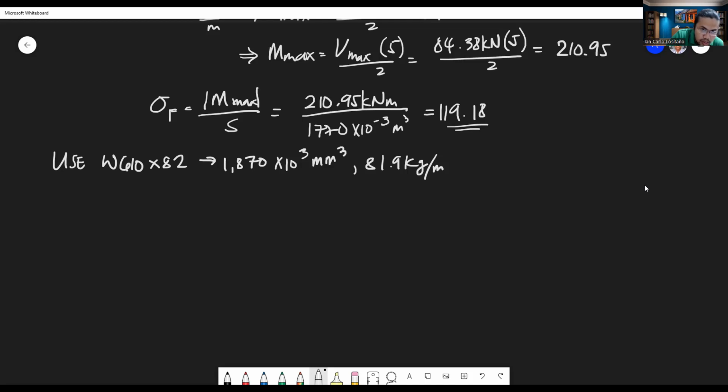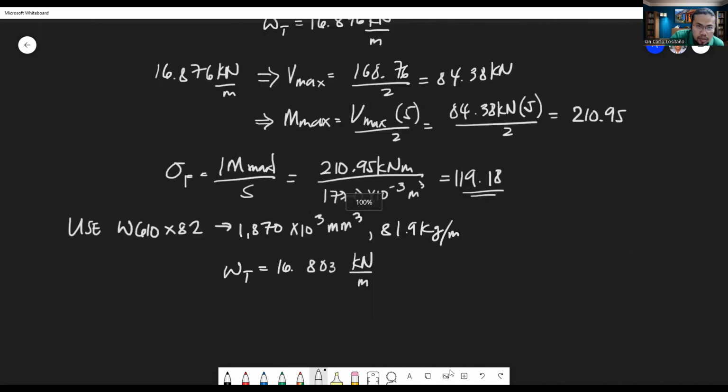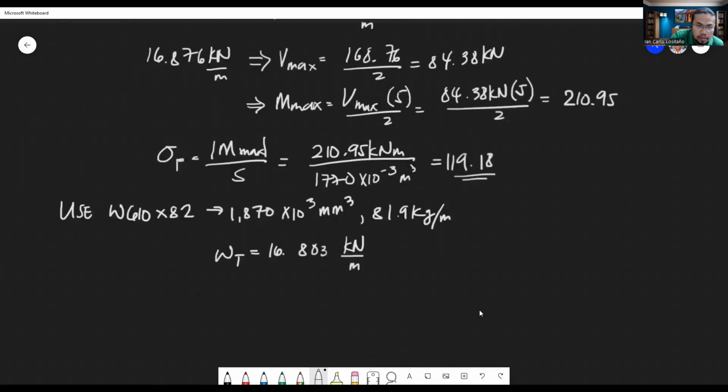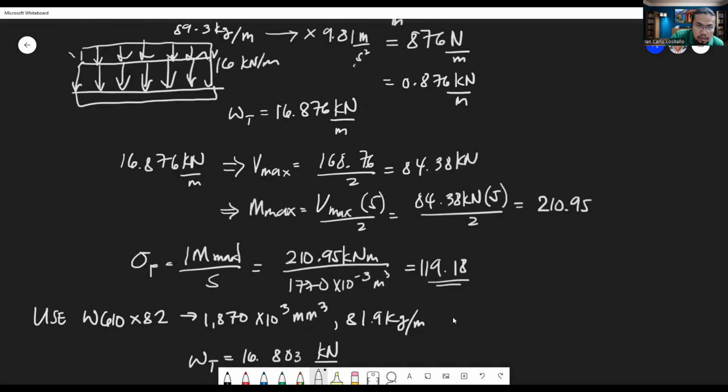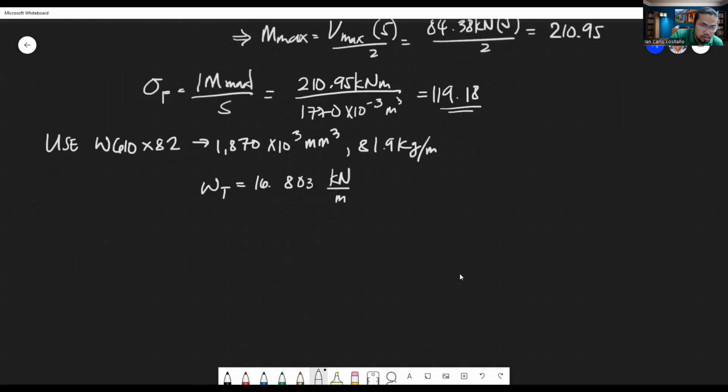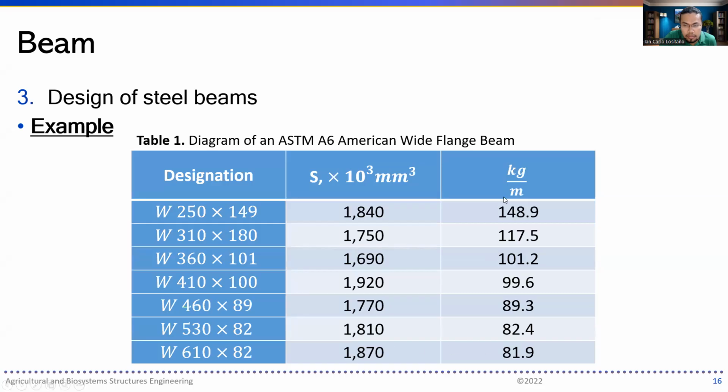The total weight is going to be 16.803 kilonewton per meter. So it's actually lighter than our original. We're trying to find the lightest one.